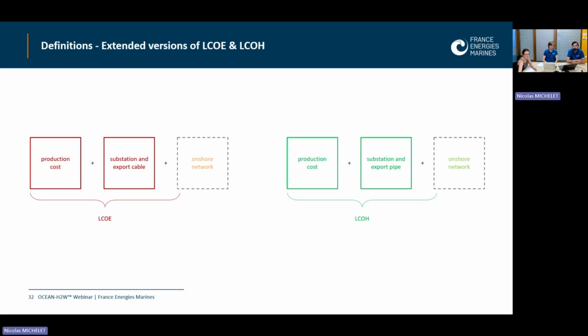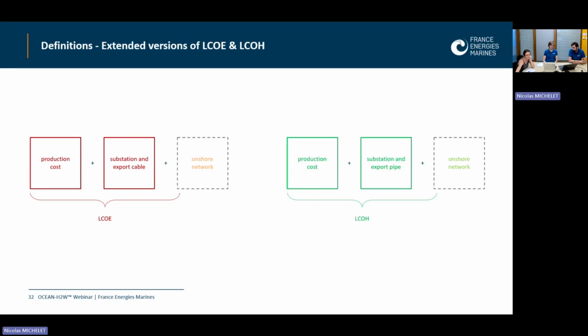Yeah, so the LCOE-H and LCOE actually are calculated at the end of this simulation line. So we are at the connection with the onshore grid. This is why on the onshore process we add a small capex for the onshore pipe, so we can account for the connection inside the system.